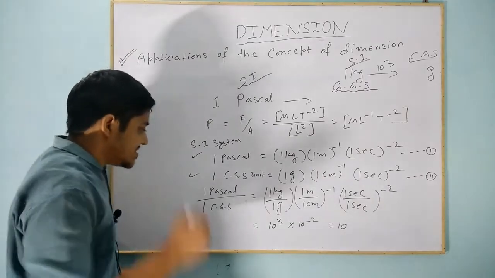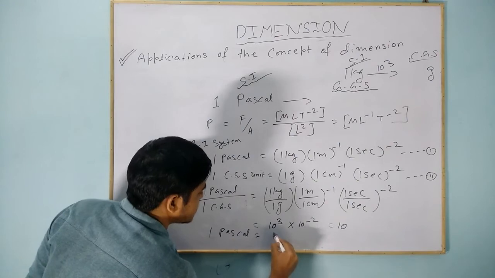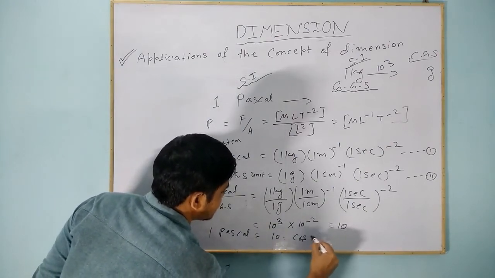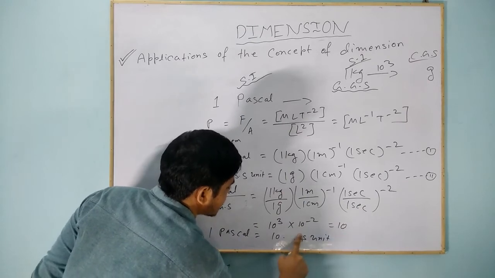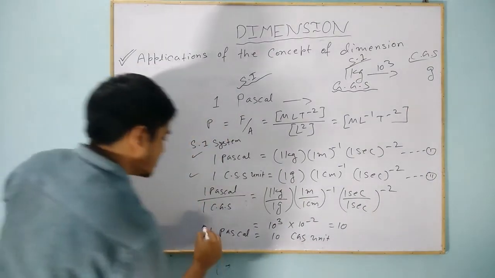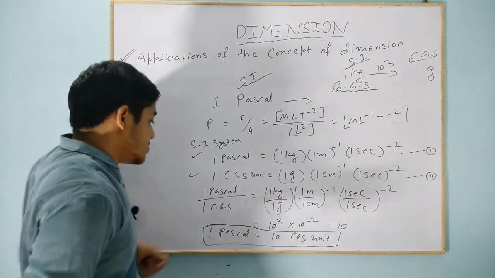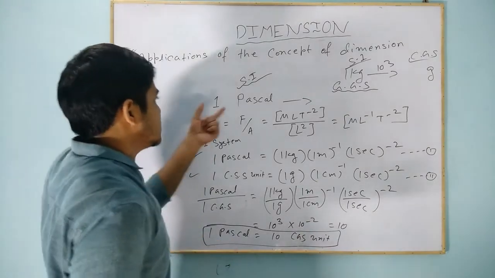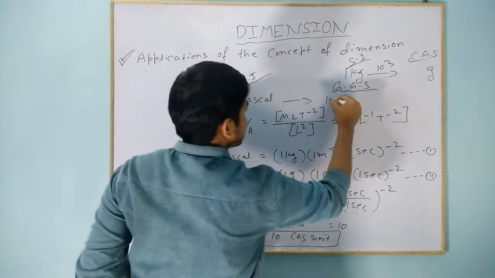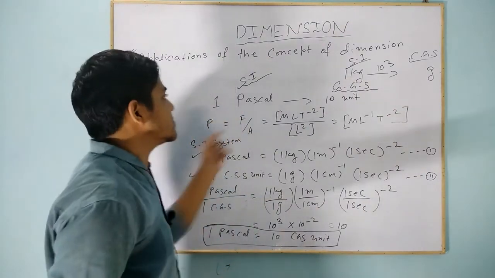So 1 Pascal is equal to 10 CGS unit. So now we have our conversion factor. To convert 1 Pascal into CGS system of unit, we will get 10 unit. The conversion factor is 10.